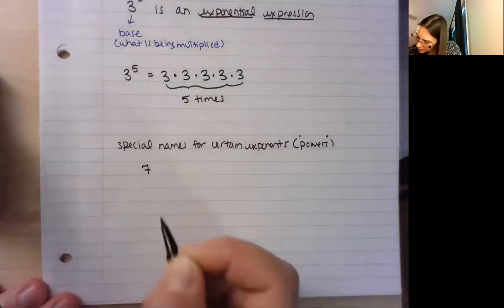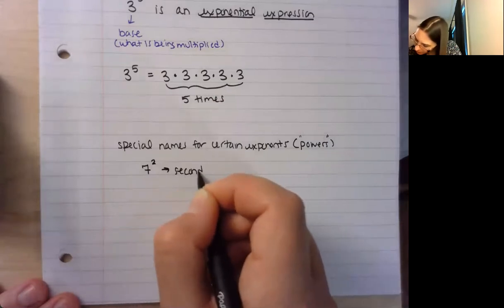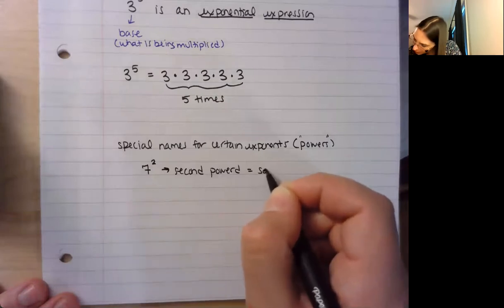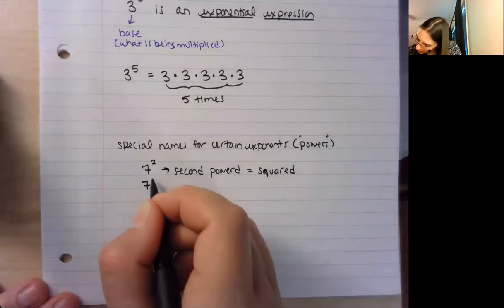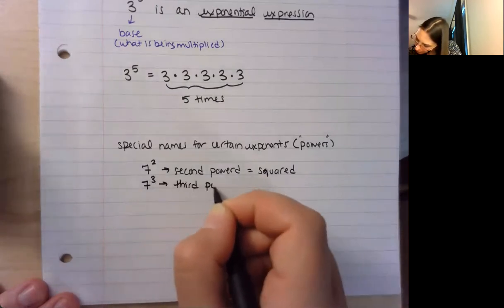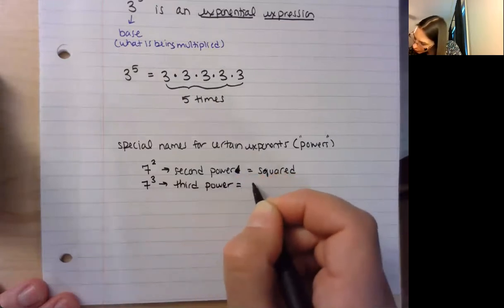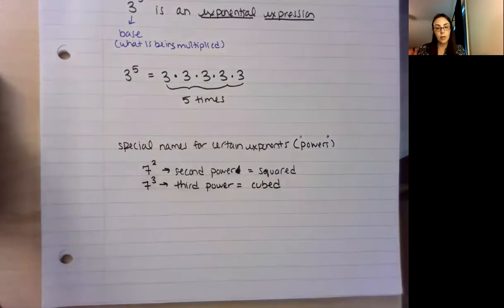So 7 to the 2nd power is also called square power, like we'll say squared. And if you have the 3rd power, then we say it is cubed. So if you hear the word squared, it means the 2nd power. If you hear the word cubed, it means the 3rd power.